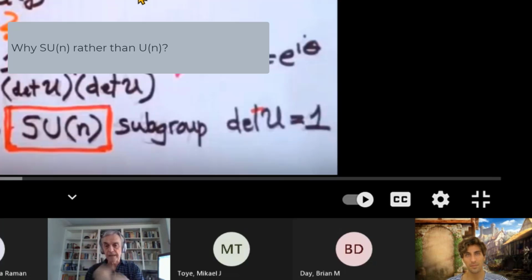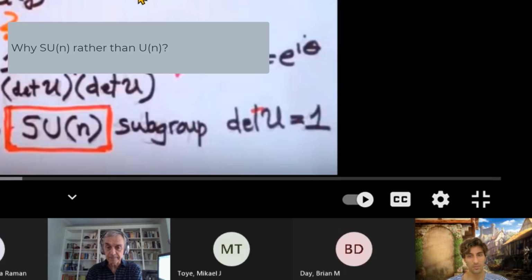U(N) is a matrix of n times n complex numbers, so n squared complex numbers. So you would think it's parameterized by 2n squared real things, but then it has this strong condition that its Hermitian conjugate is its inverse. And that actually reduces the number of parameters to just n squared.